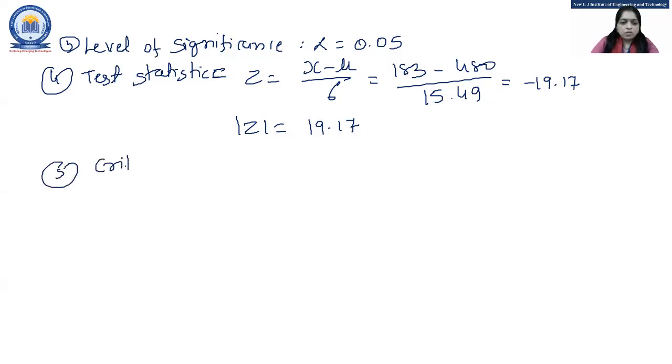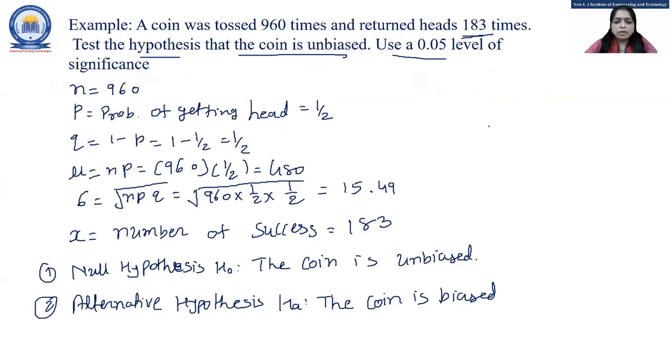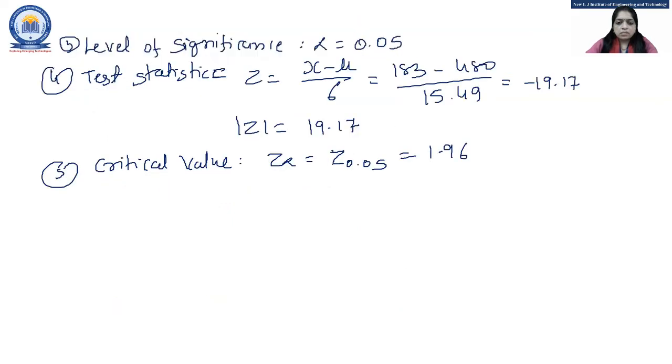Okay. Now, the next step is the critical value. For the critical value, Z alpha, that is Z 0.05, is 1.96, because as per the rule, alpha is given as 0.05.